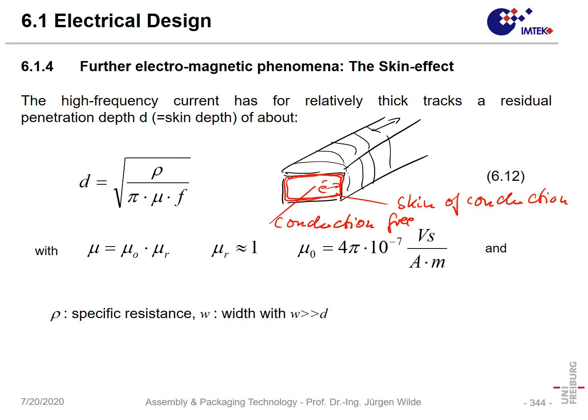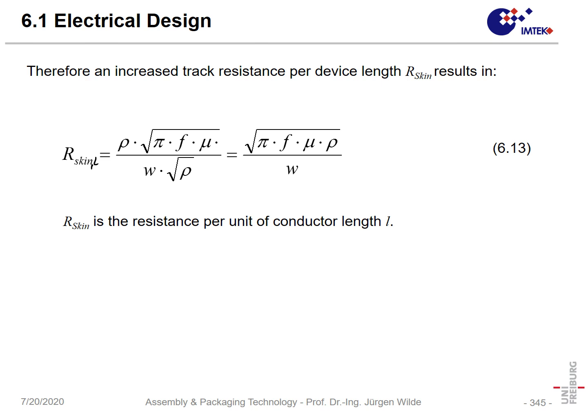The skin depth is proportional to the square root of the specific resistivity divided by the absolute permeability and divided by the frequency of our circuit. In that way, especially for high frequencies, the skin depth is very small. So skin effect is more important for big cross sections of a conductor, but also in small ones it can have an effect.